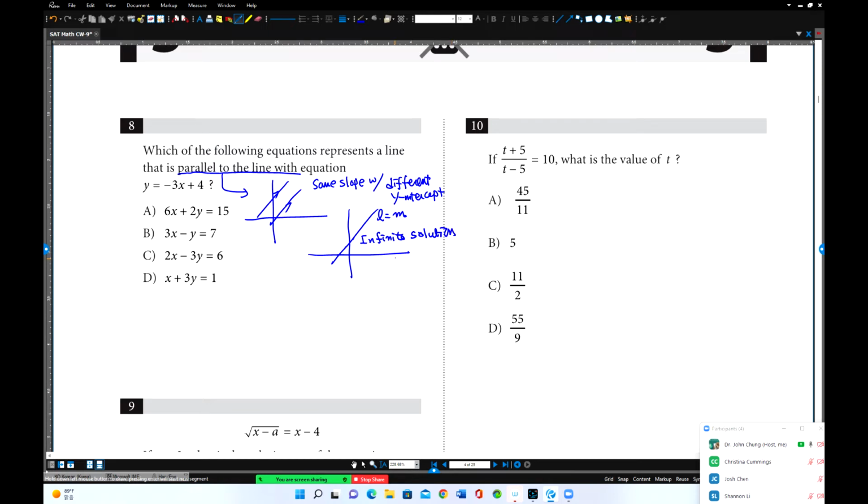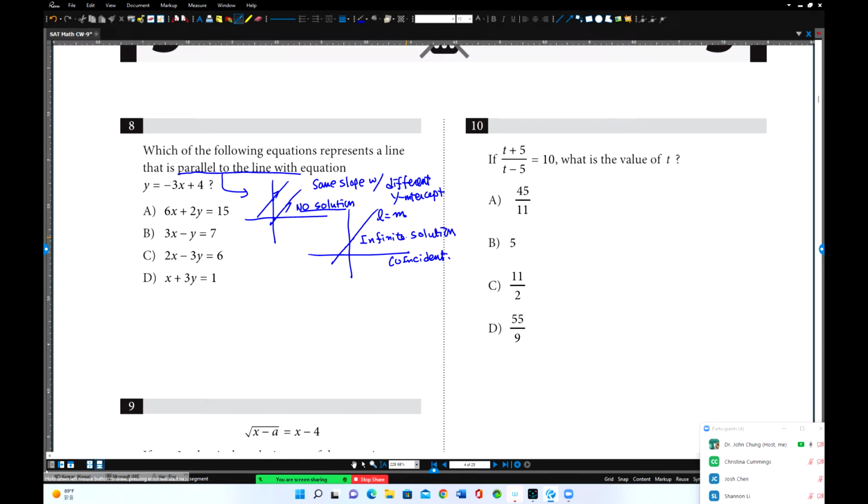In this case, coincident, okay? The lines overlap. This one there's no intersection. In this case, the solution is no solutions. Different, okay?